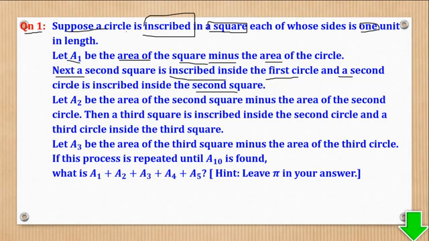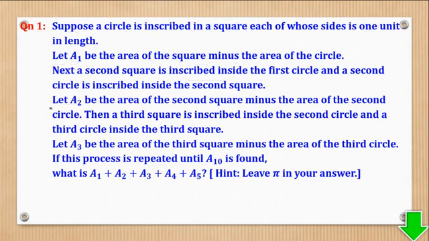So you first draw the square of 1 unit, you inscribe a circle, then again you draw another square inside the circle, and again you inscribe a circle in that square. That's what they mean. Let A2 be the area of the second square minus the area of the second circle. Then the third square is inscribed inside the second circle, and the third circle inside the third square.